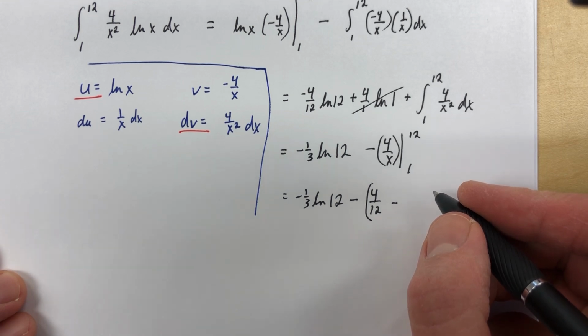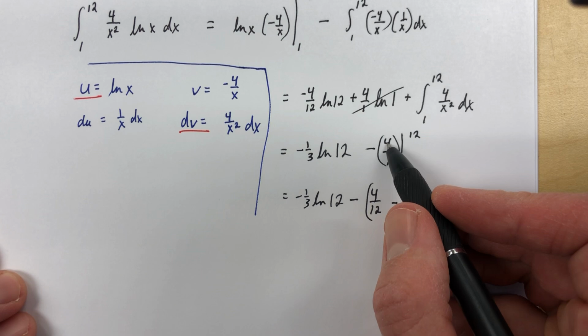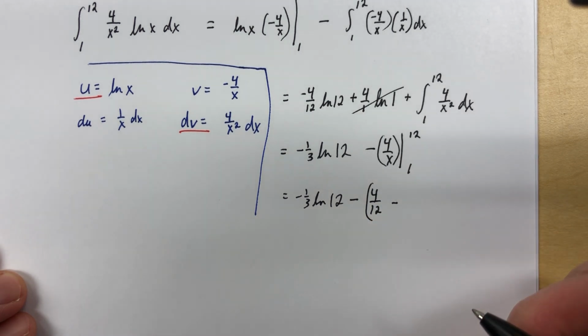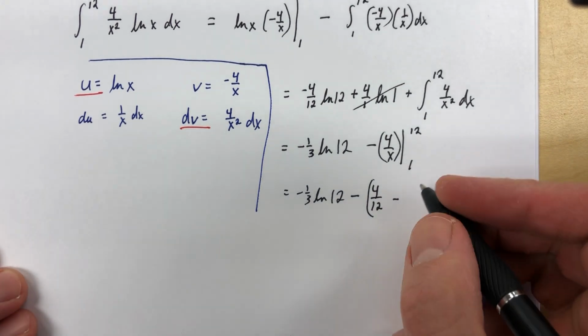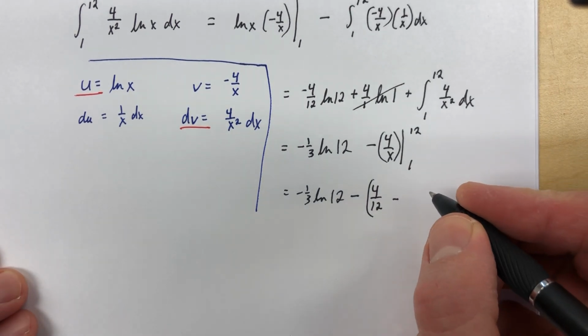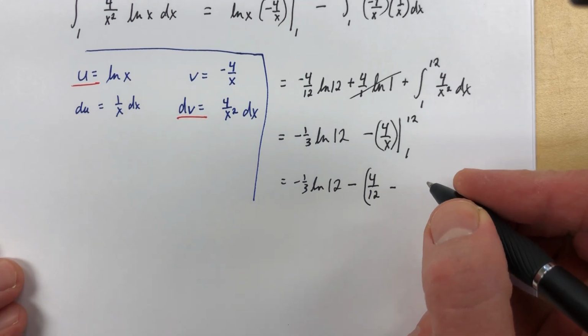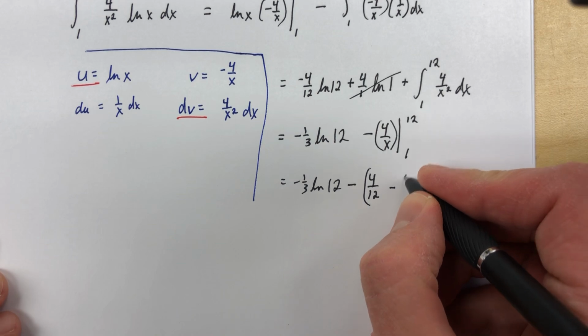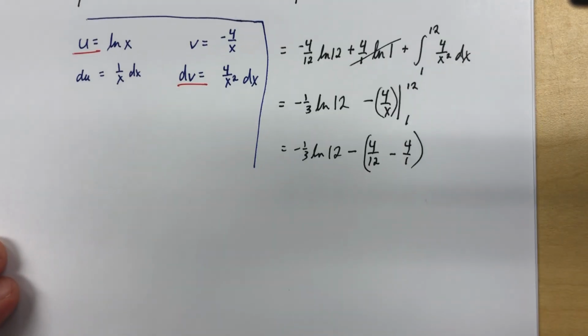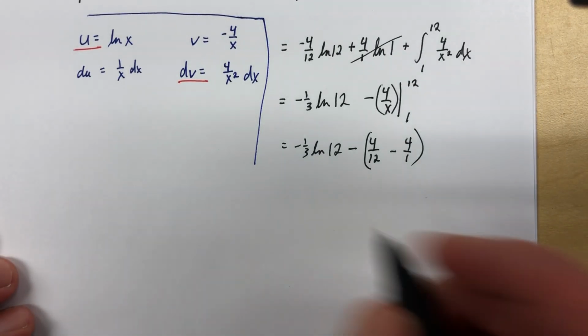Actually, I think I just accidentally misspoke. If we put the negative sign on the inside and put a plus there, it still works. Yes, it still works. Okay, all right, good. We're good to go. Let's move on. We're going to subtract 4 over 1, and then we just have a little bit of extra math to do. It's not going to be hard at all.